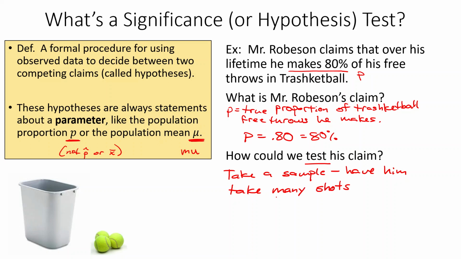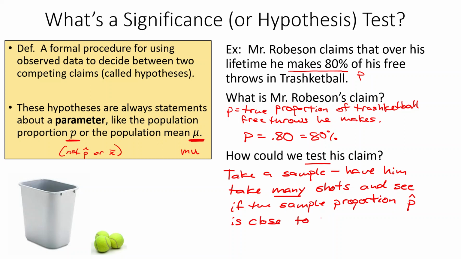We want him to take many shots and see if the proportion, and that proportion would be a sample proportion, which we would call P hat, is close to 80%, or 0.80.